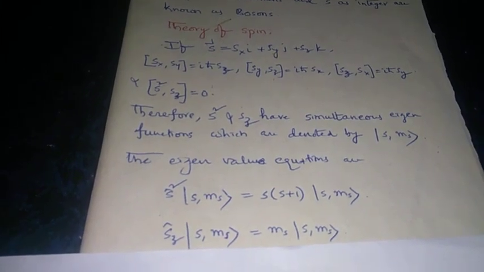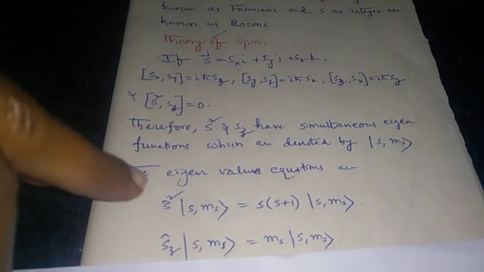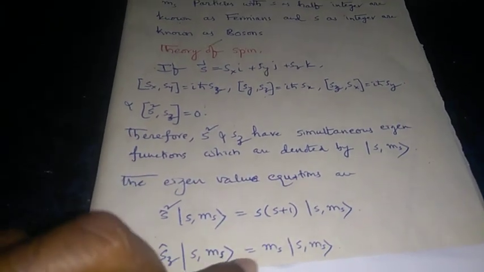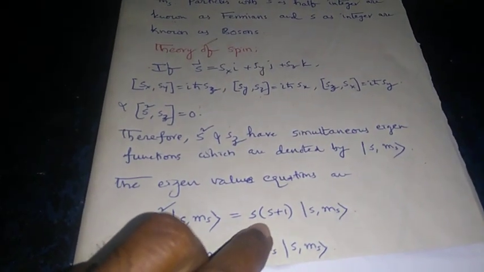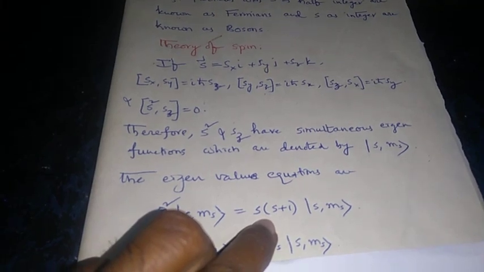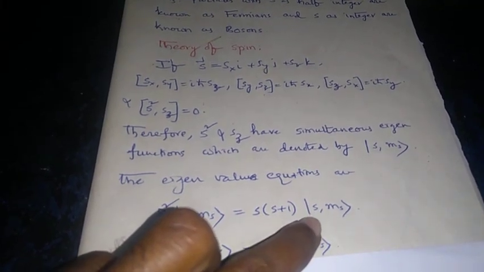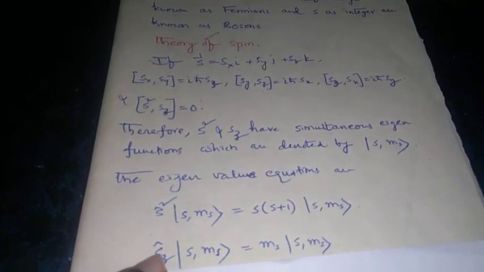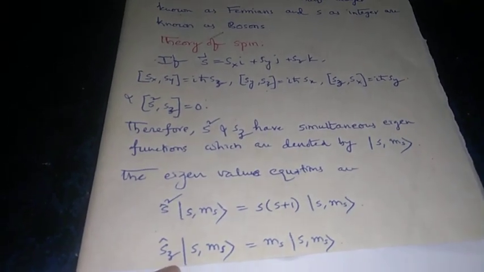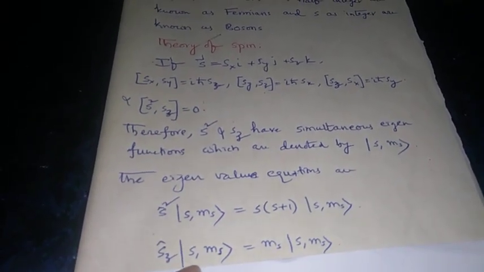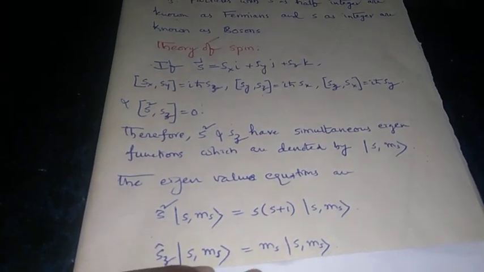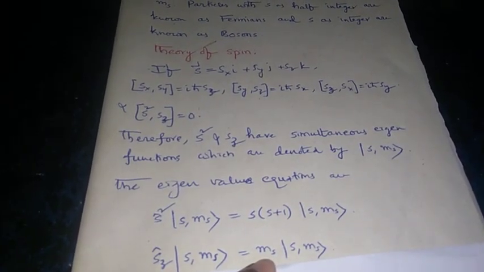S square operator acting on this state s, ms is giving you s into s plus 1 as eigenvalue, and the same eigenfunction. And for the Sz operator, when it acts on the eigenket s, ms, it is giving you eigenvalue ms and then the same eigenket.